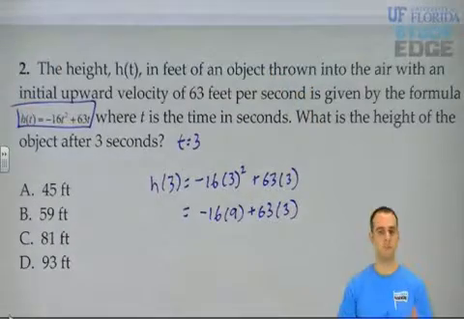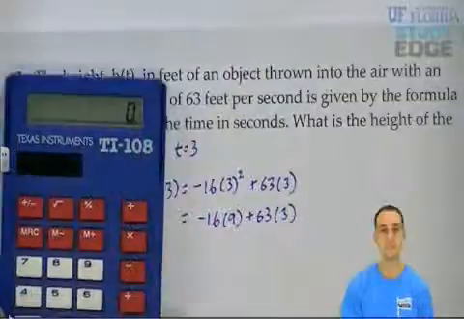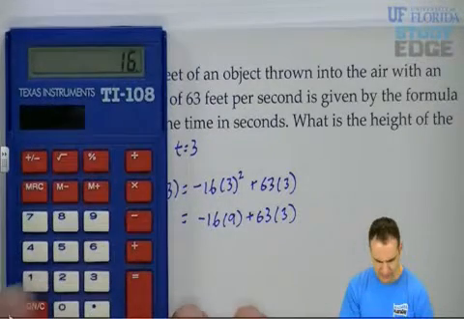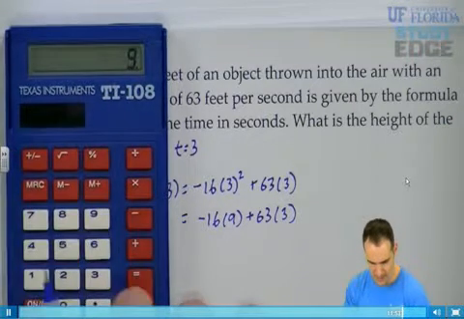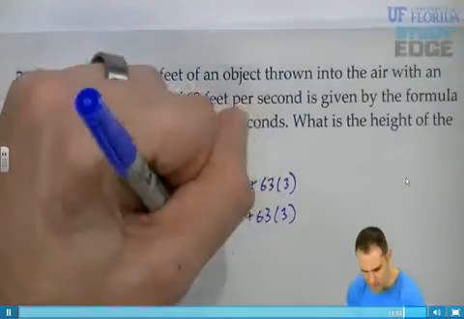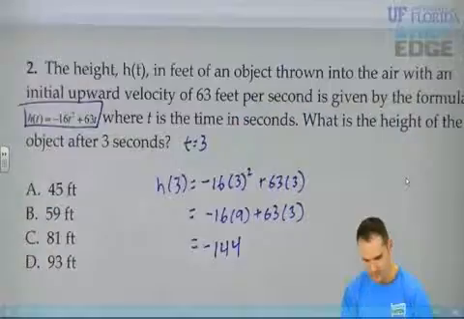Then after exponents, multiplication. Negative 16 times 9. I will use a calculator. 16 times 9, make it a negative, is negative 144.